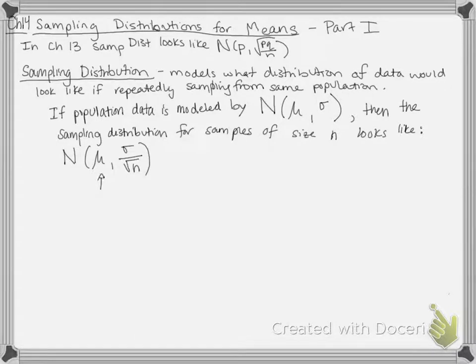So I have the population mean as the mean for my sampling distribution, but I take the population standard deviation and divide by the square root of whatever sample size we're hoping to achieve.